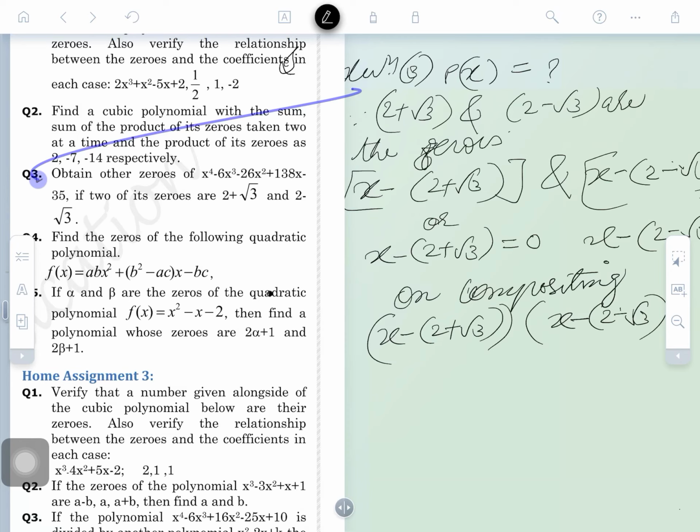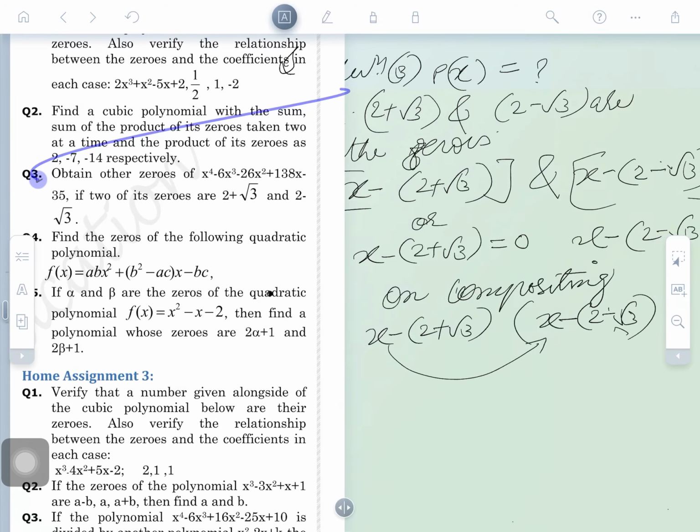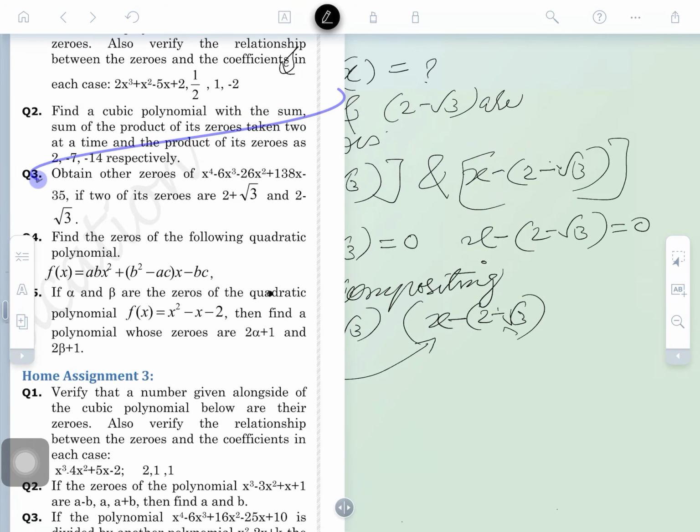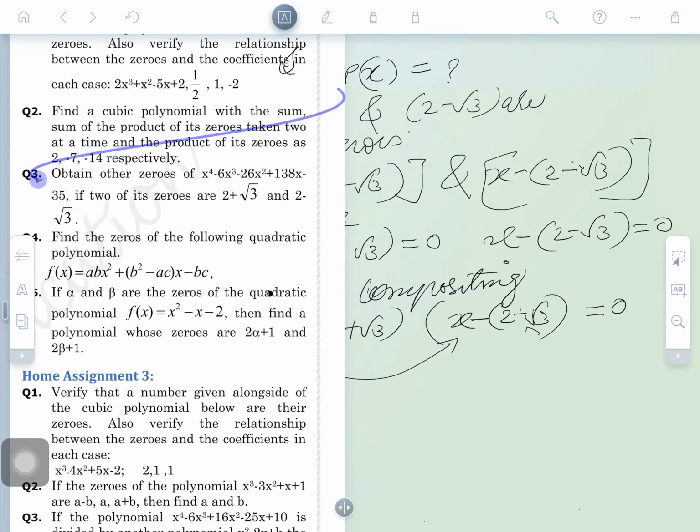It's not a plus b, a minus b, because these are different, so the pattern is not developing. So what will you do? We will distribute it, and we have to equate this to 0. Why do we equate it to 0? For the easy understanding of the question.